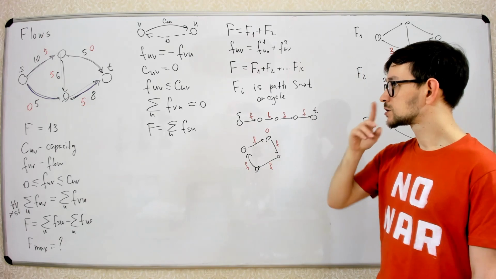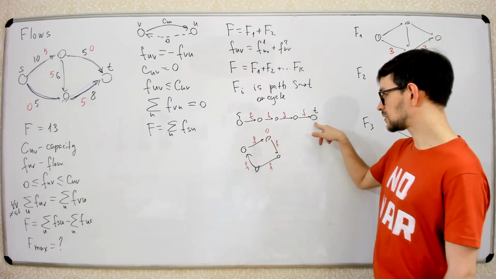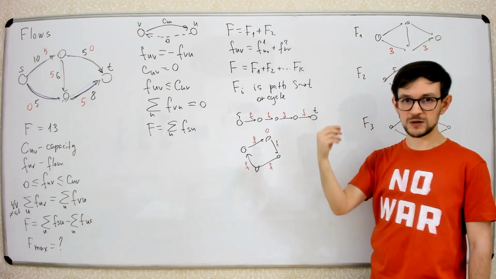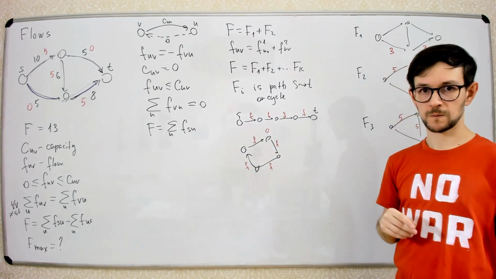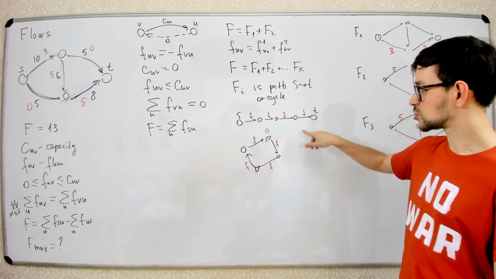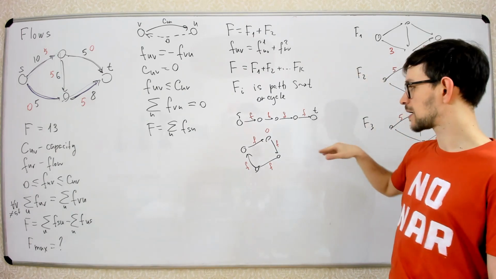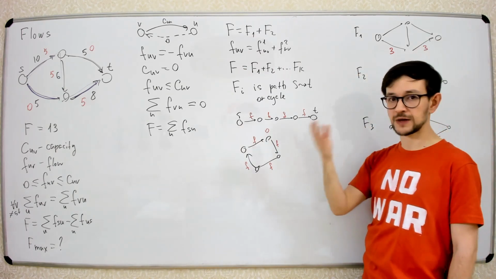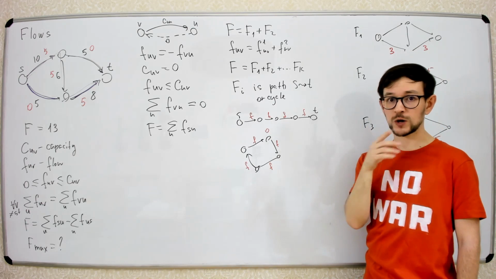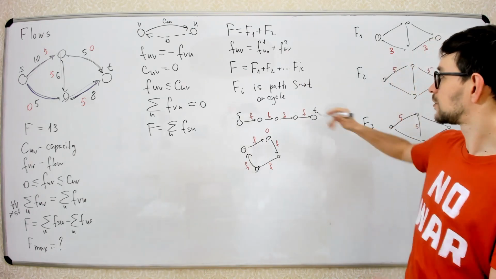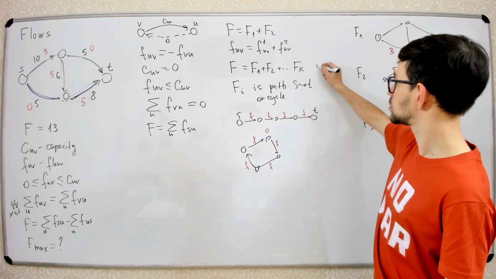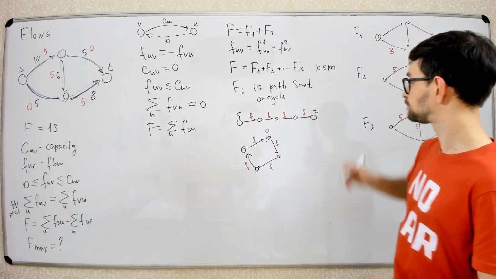When we find a path, we find the minimum and then subtract this minimum from everything. One of the edges becomes 0. It happens on each stage. And we have at most m edges. So the number of these paths and cycles in this decomposition cannot be more than m.